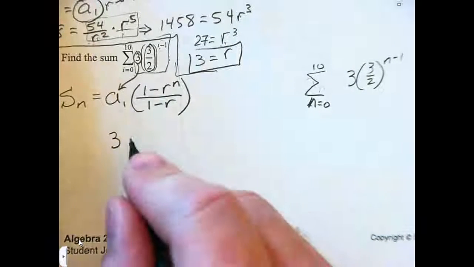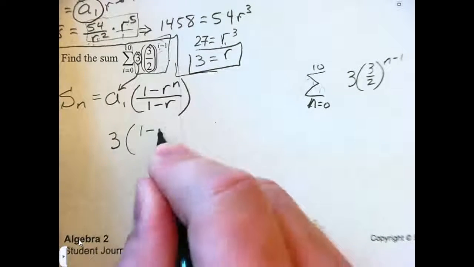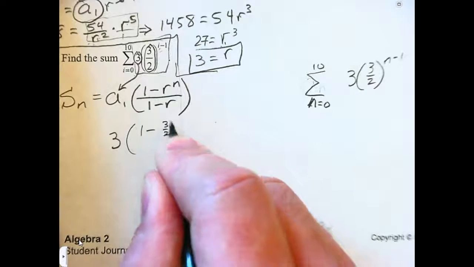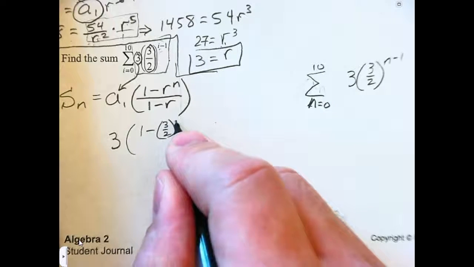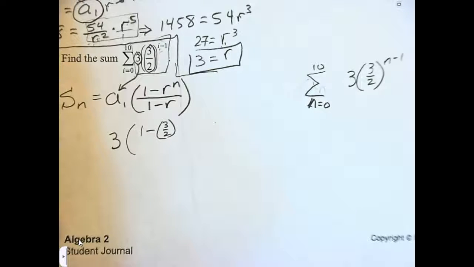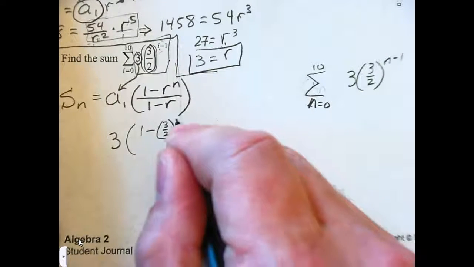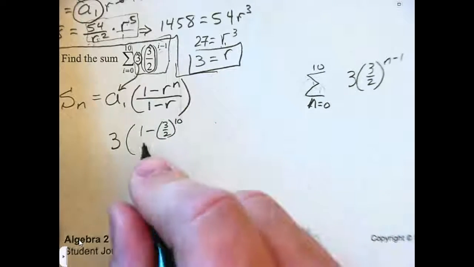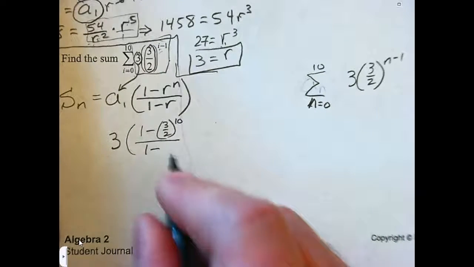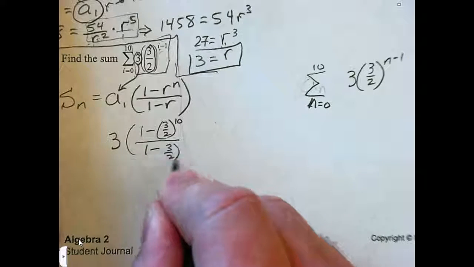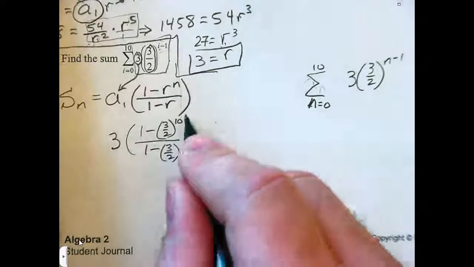Okay? And so this would be 3 times 1 minus 3 halves, in parentheses. What term are we looking for? Okay, going out to a sub 10. A sub 10, that 10 goes there. 1 minus 3 halves. Okay?